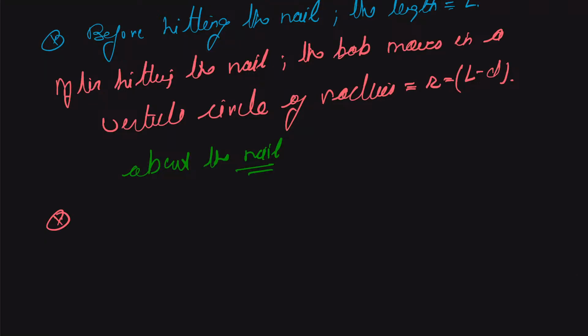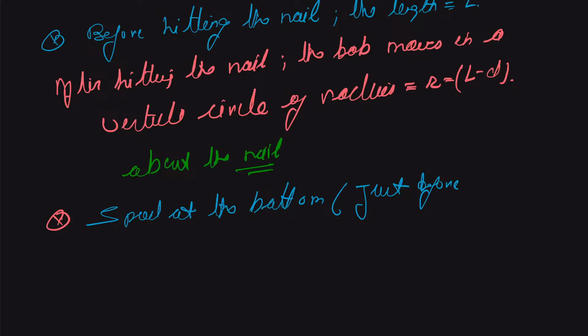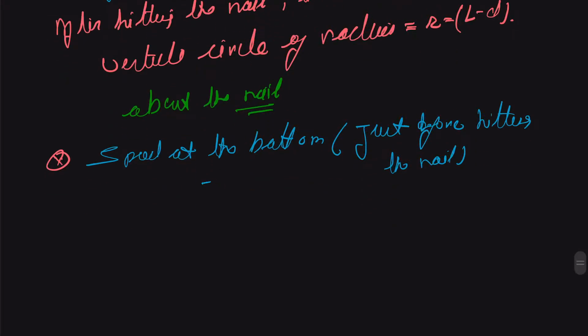So the speed at the bottom just before hitting the nail, we call this VB.